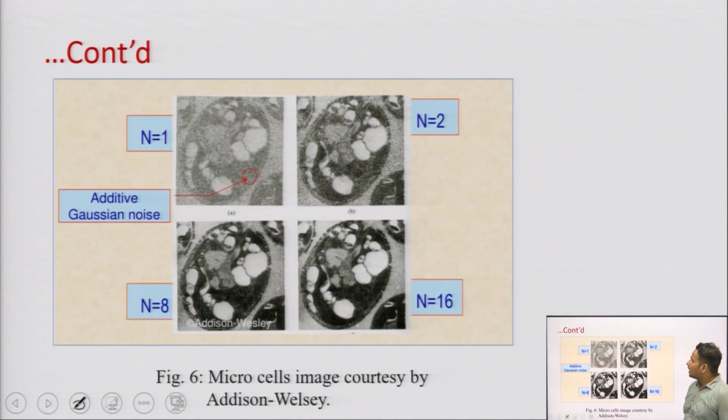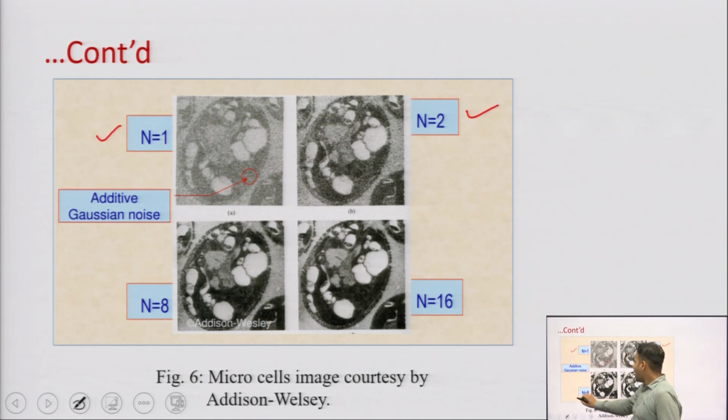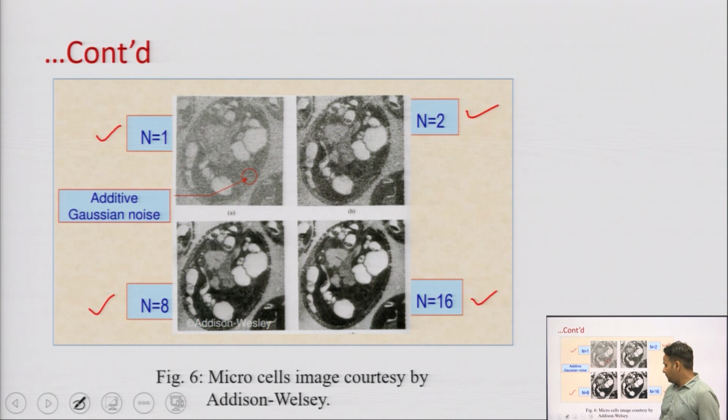Now, if we talk about the n value, if we have n equal to 1, n equal to 2, n equal to 8, n equal to 16, then you may observe the clarity of the image. This is a microcells image taken from Addison Bell's lab, and you may observe that as n increases, the image gets enhanced one by one.